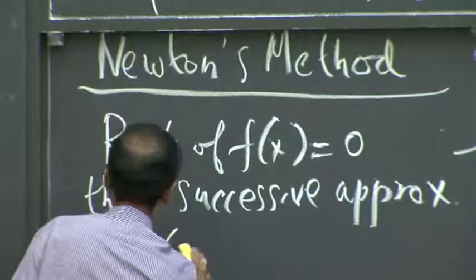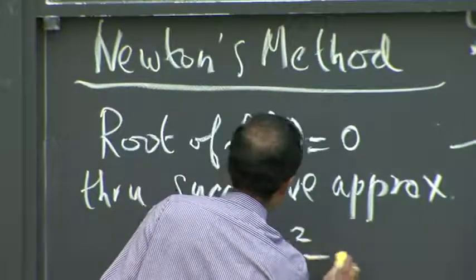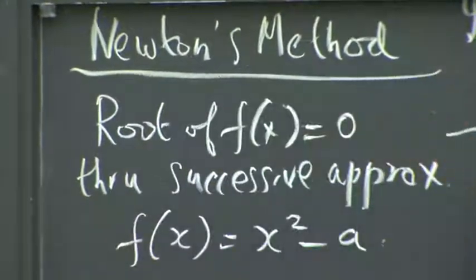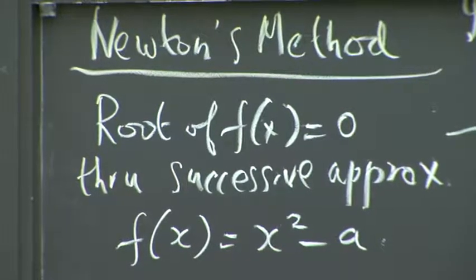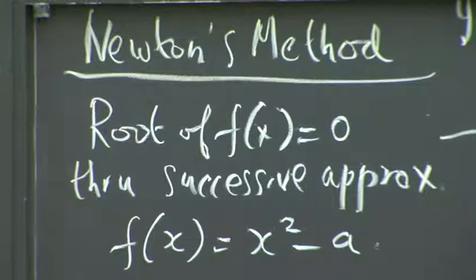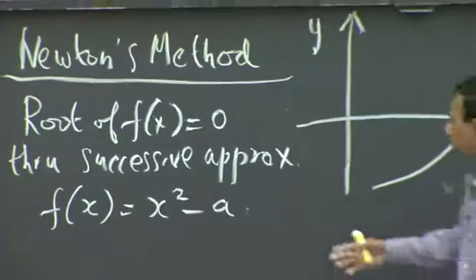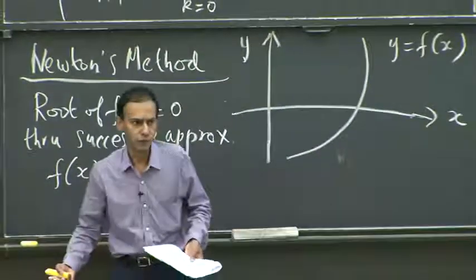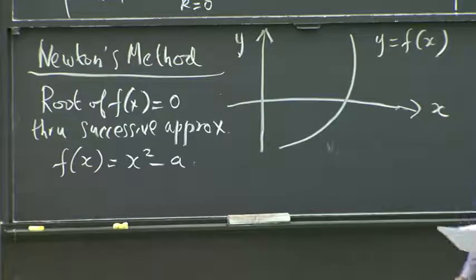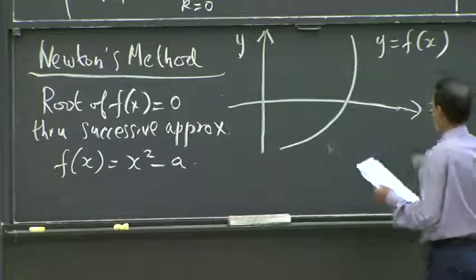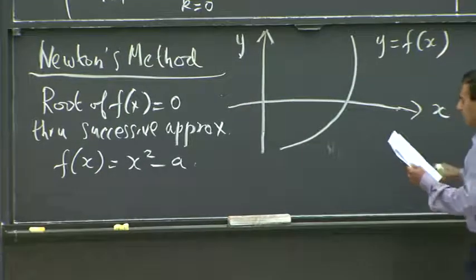For example, we might have f of x equals x squared minus a. If a is 2, then you're trying to use Newton's method to find the root, and you're going to end up computing square root of 2, or plus minus square root of 2 in this case. But you can go for a particular root, and you'll try and converge to that.